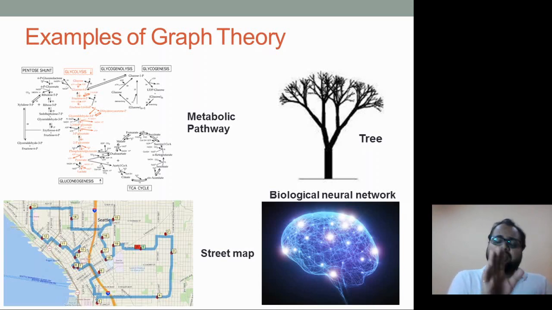By the way, in India also graph theory is used. Your train system, which is connected all over the country, and your local trains, all follow graph theory. My whole point is there is a huge application of graph theory in biology or otherwise.